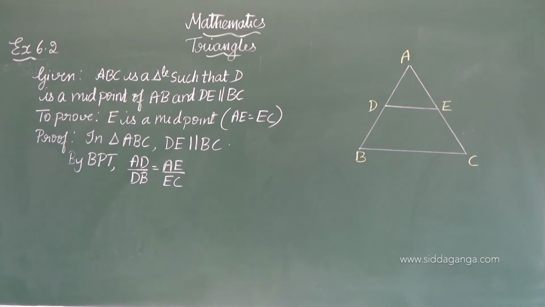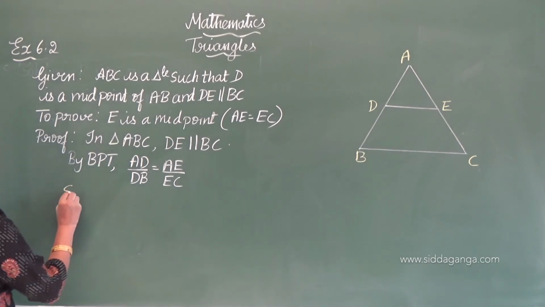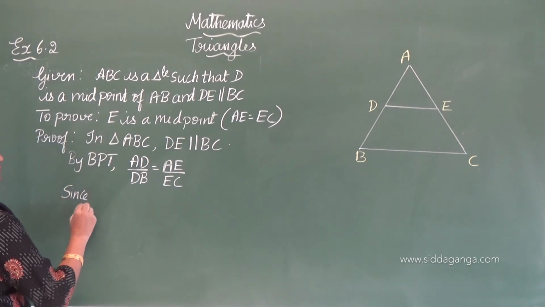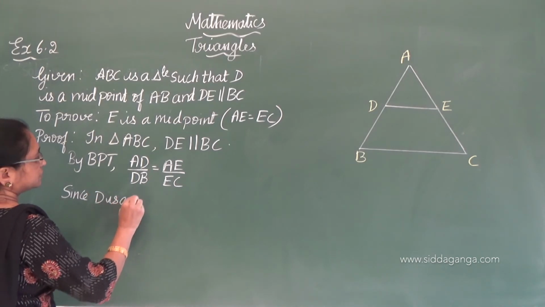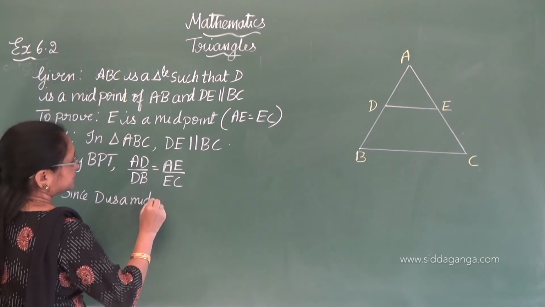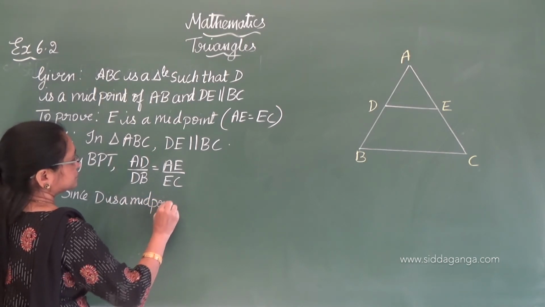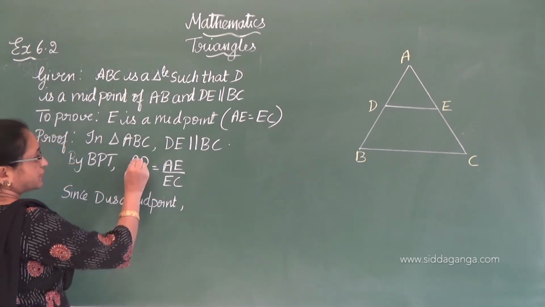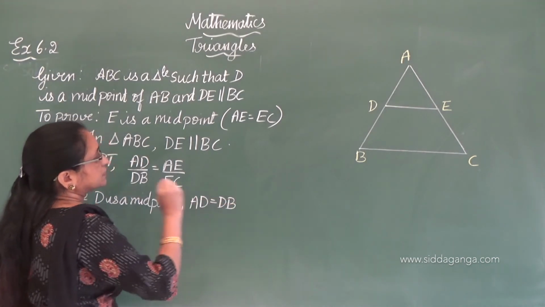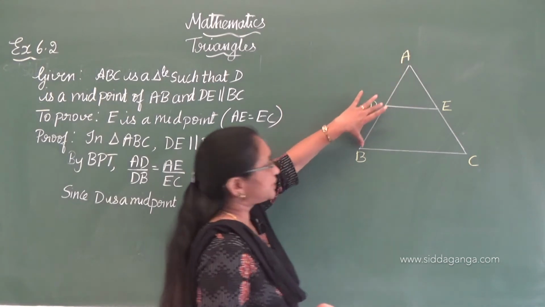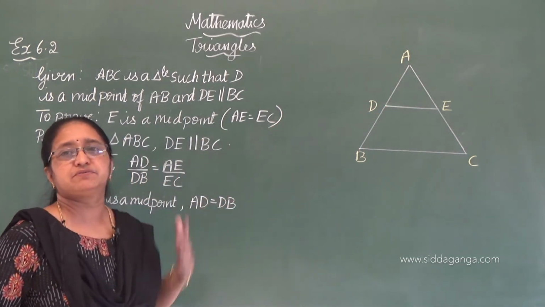Now since D is a midpoint, given, no? Since D is a midpoint, can I write AD is equal to DB? See, AD is equal to DB, since D is a midpoint, they have given in the question.